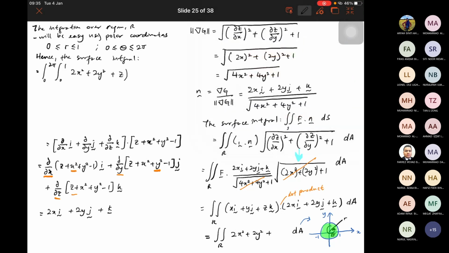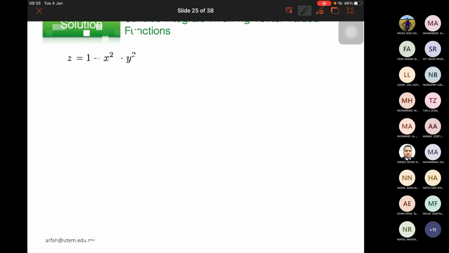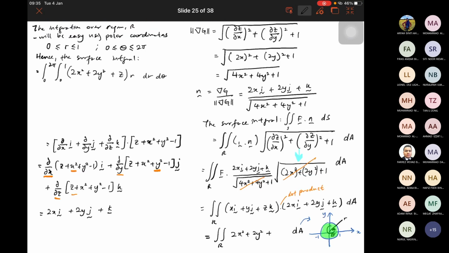Tambah z darab dengan R dr d theta. Okay, z adalah sama dengan 1 tolak x squared tolak y squared.